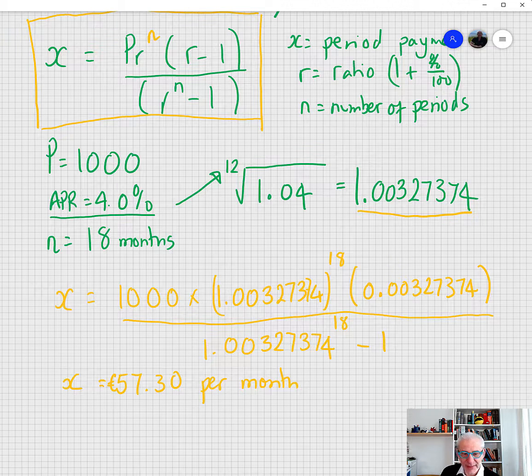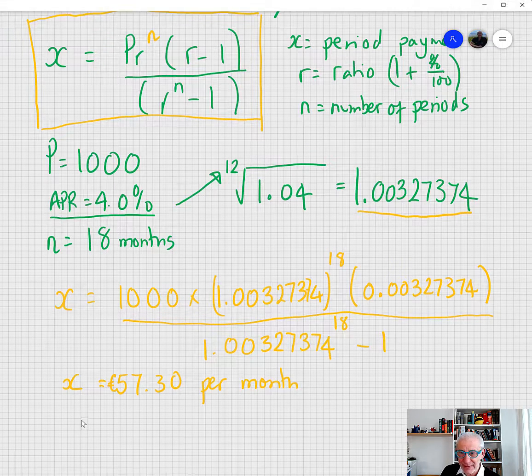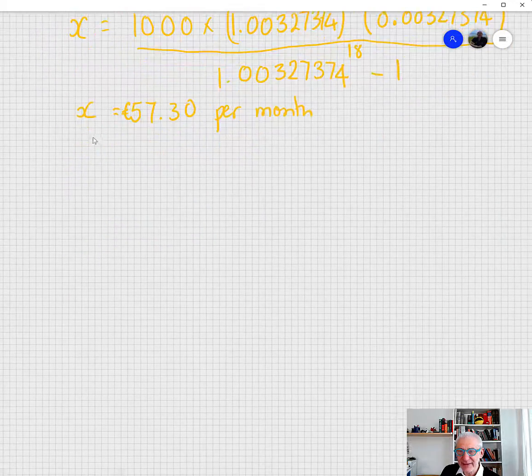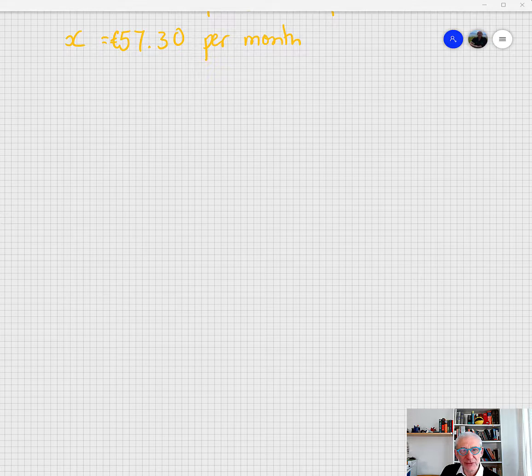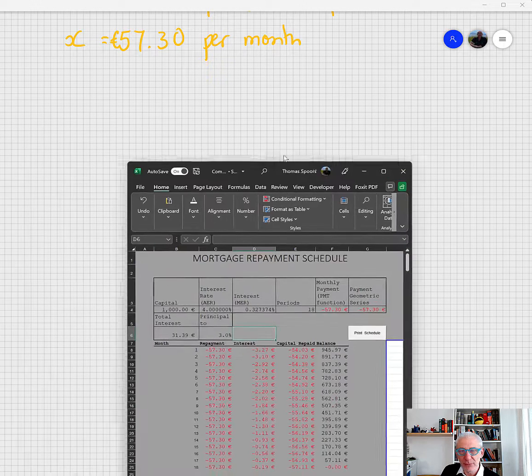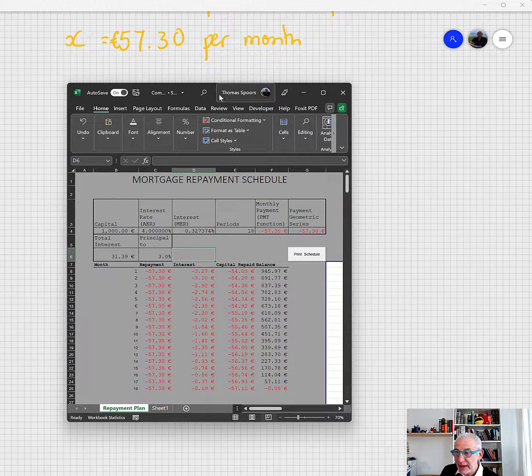Okay, so we can actually check that. We can take a look at a completed schedule. I'm going to bring something across now from Excel. Let's just move that 57.30 up to the top, and I'm going to bring across an Excel spreadsheet from the other side. There we go. And inside Excel, there's actually a function for working all this out.